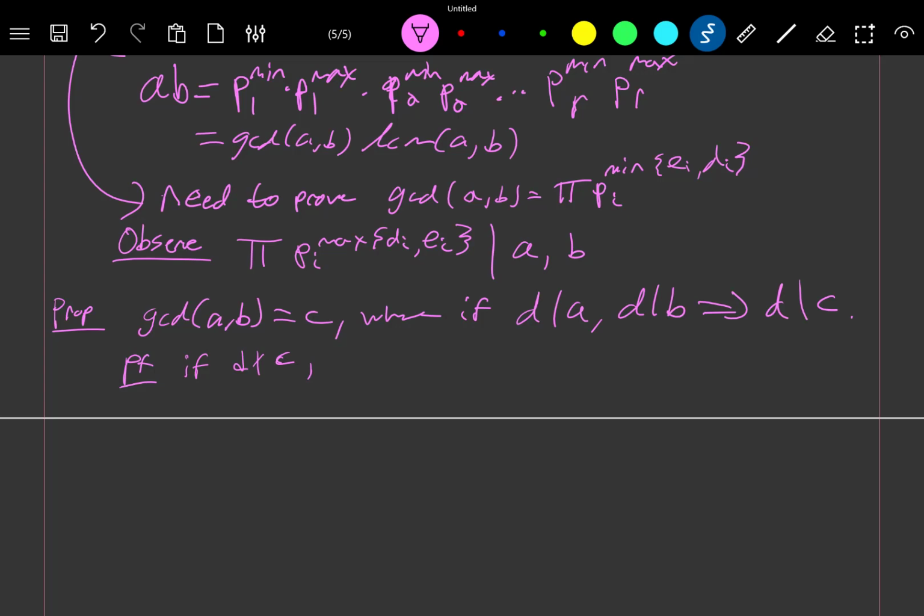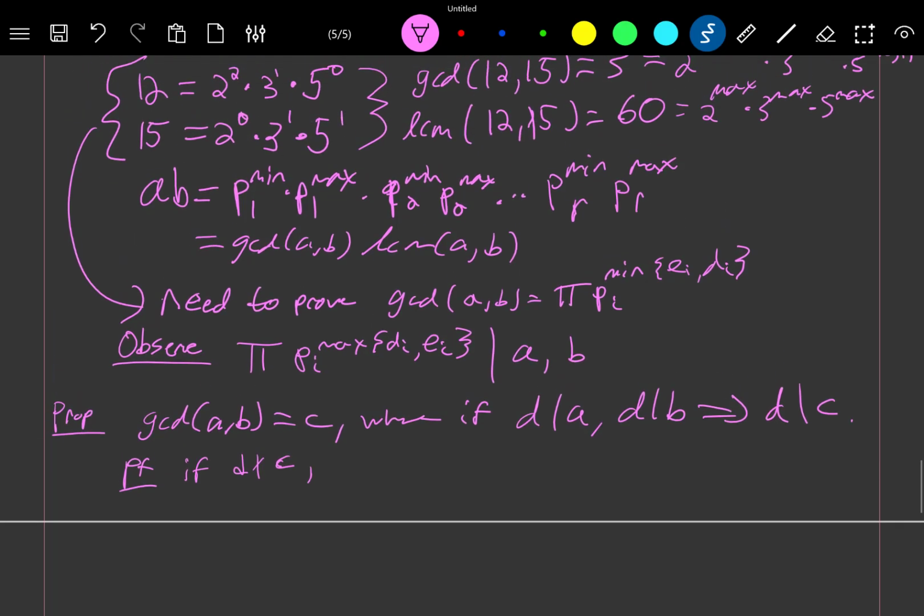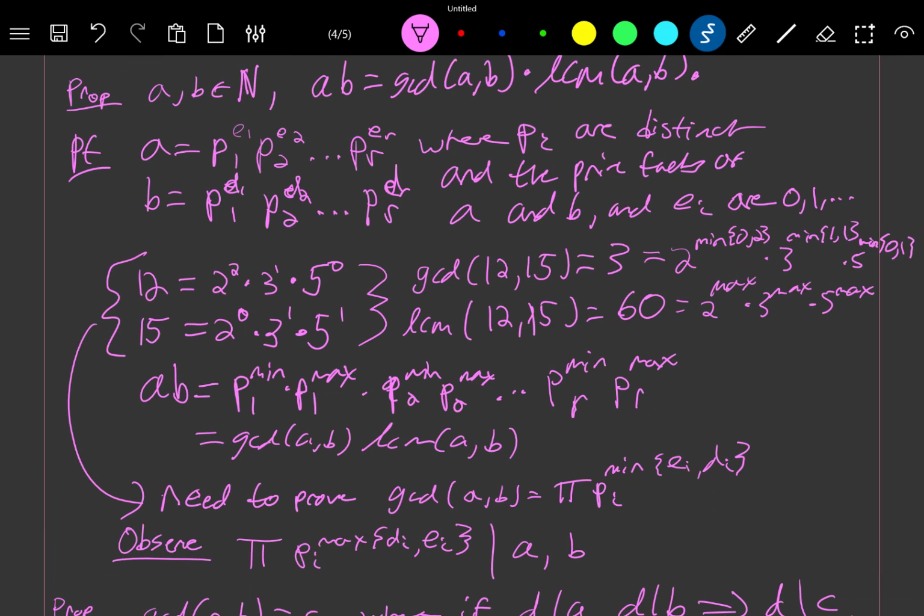So we could appeal to this. We note that a common divisor of A and B, just using this up here, has to have Pi, and the largest the exponent can be is the maximum of Ei and Di.